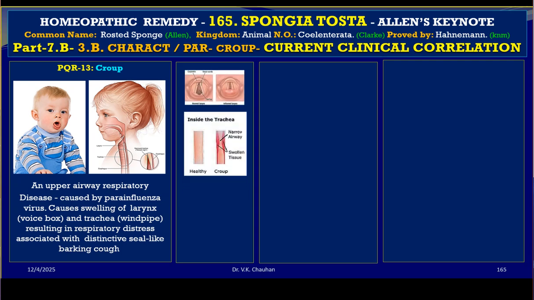And here these diagrams show how the normal trachea, or normal windpipe, is, and the normal larynx. The uppermost diagram shows the larynx, and this is the vocalis muscle, and there is a rima glottis, the aperture. This is the narrowest point in the respiratory tract.